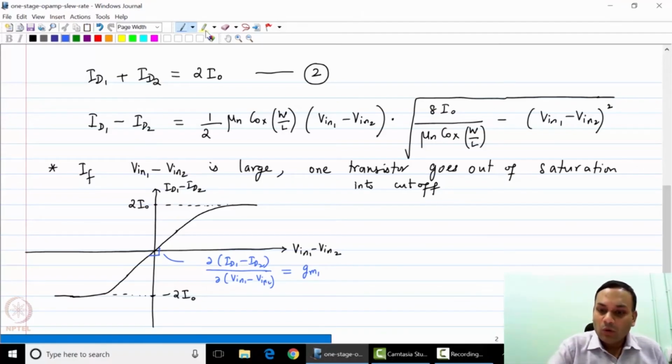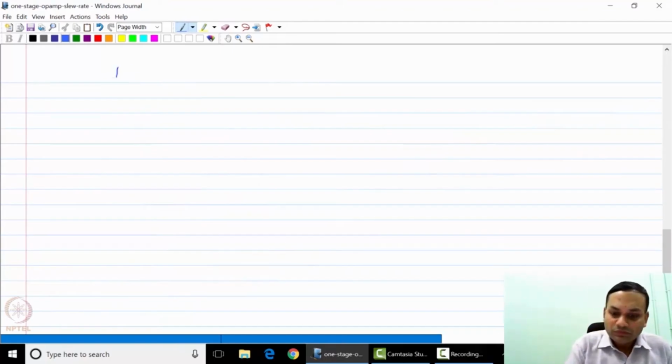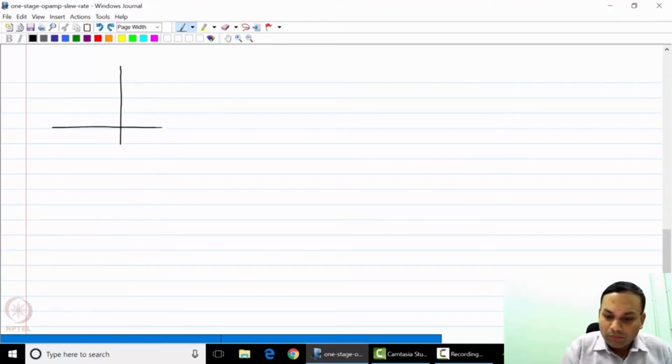Now of course, once it reaches this point, the transistor no longer has any transconductance. For example, if you were to plot the transconductance of the differential pair as a function of delta Vin, it would look something like this.